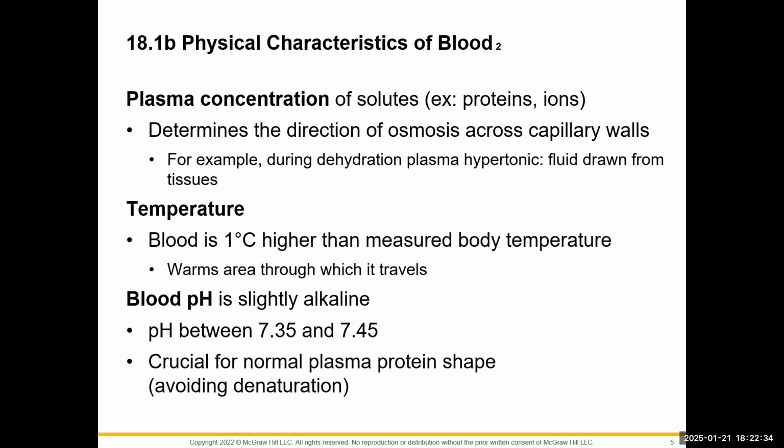Your body, just like with most systems, wants to keep your blood pH between those two values. Otherwise, if you swing in either direction, normally becoming more acidic, we can start to cause malfunctions in certain molecules.